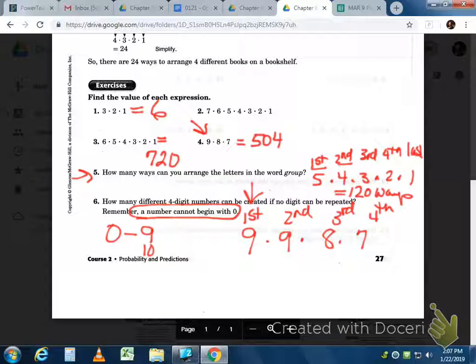This was a really odd problem, the way that worked out, because a number cannot begin with 0. Normally they'll give you a lottery system that uses numbers 1 to 70, and ask how many possibilities there are to pick from, or something like that. So with this one, where it can't begin with 0, you can't count all 10 digits for that first spot.